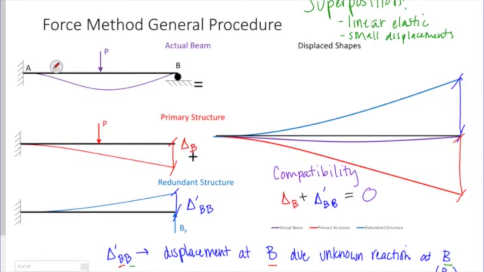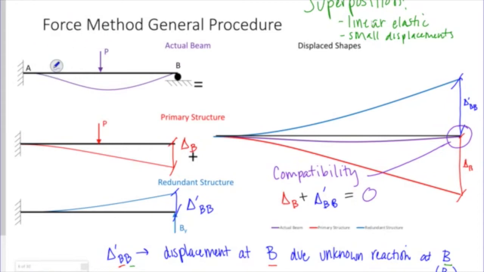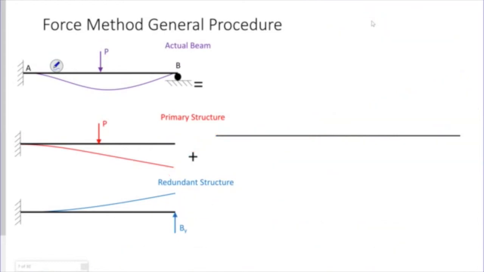This compatibility is just saying that right here, displacement at B and displacement at B. I want this to go away.